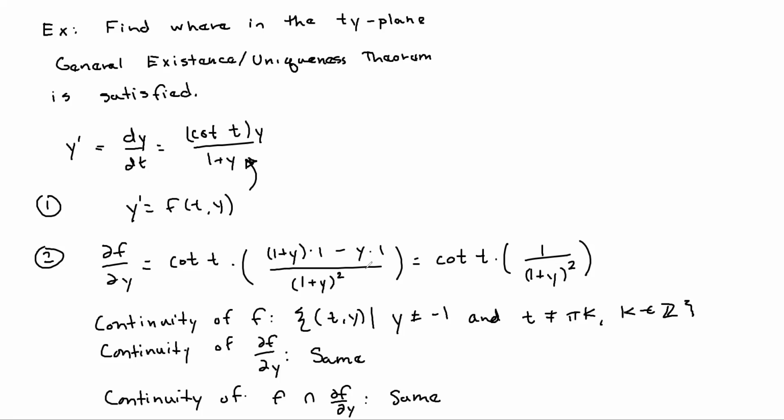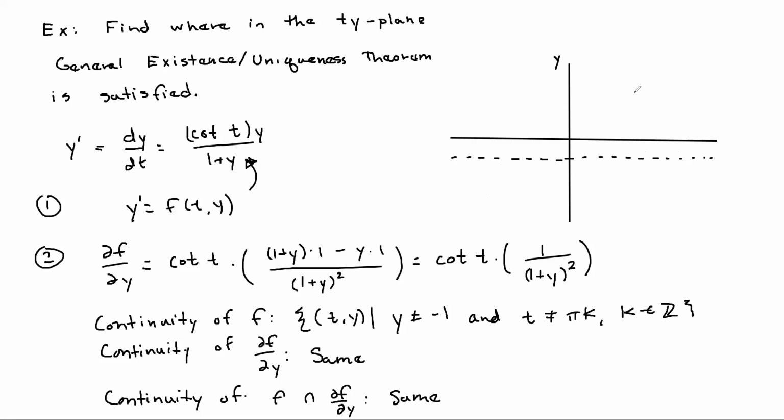All right, and then as far as to go through and draw the picture so we can find the regions. What's that going to look like? We're saying that y cannot be -1. So let's put a dashed line there at -1. And then we cannot have t, right?